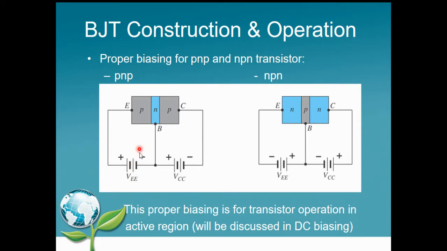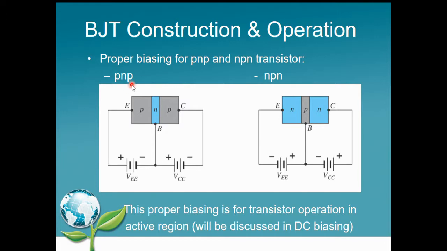As you can see here, you can see the biasing with DC supply VEE and VCC supply connected to E, B, and C. And also with the NPN transistor, you can see the connection is actually different from the PNP.